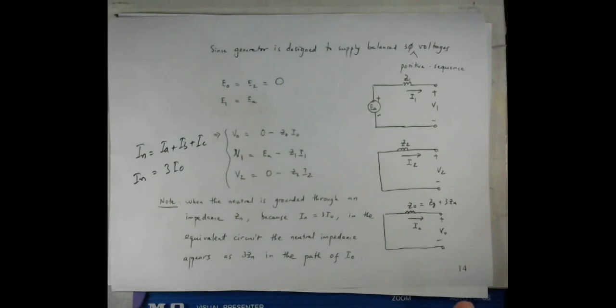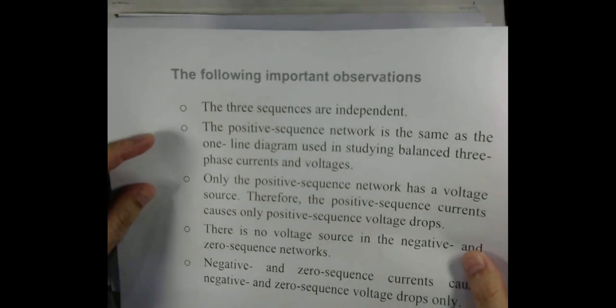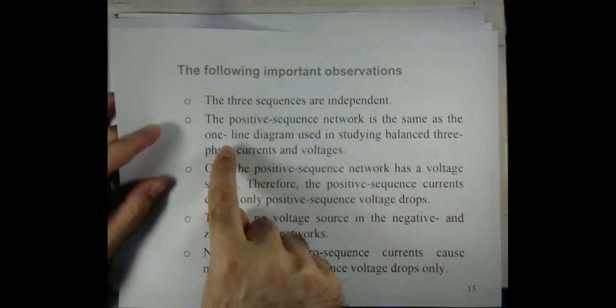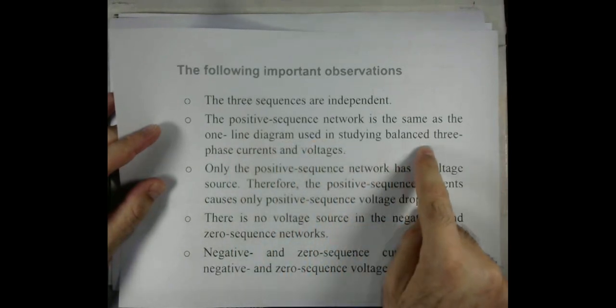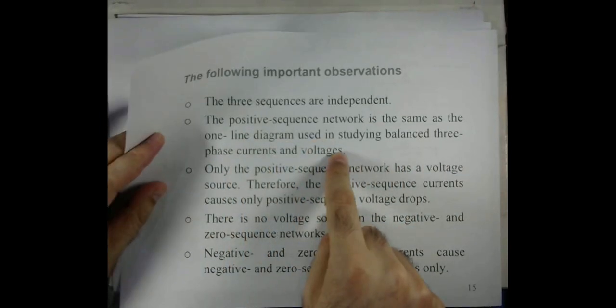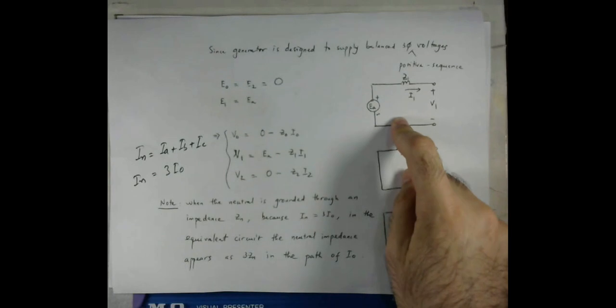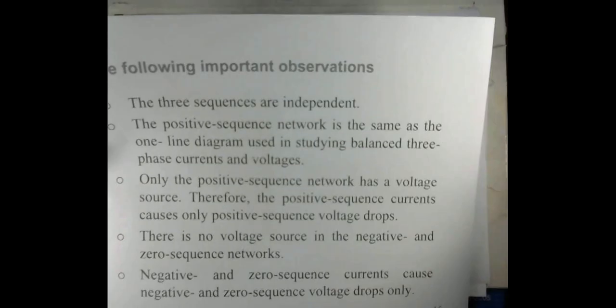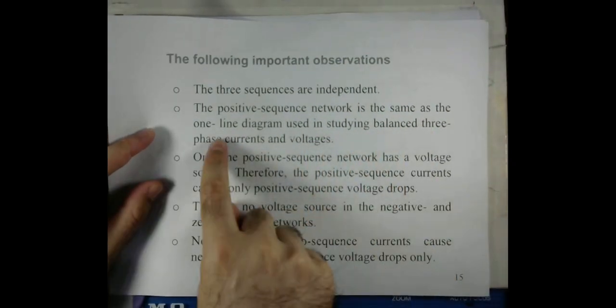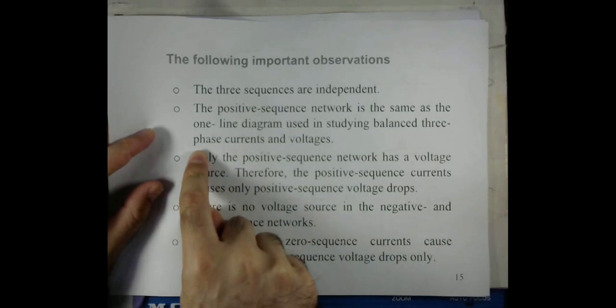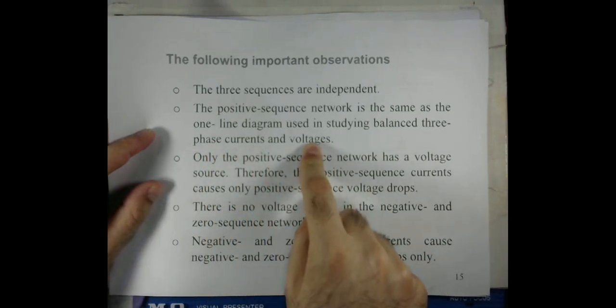They are not dependent on each other. The positive sequence network is the same as the one line diagram used in studying balanced three-phase currents and voltages. Obviously, this diagram is exactly the same, because we are considering the positive sequence case.